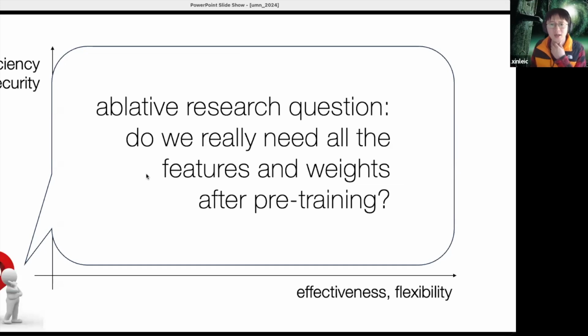So the question we have when we wear this ablative research goggle is, do we really need all the features and the weights after we have pre-trained those models? So that's the motivation when we look into this space. So we want to remove the features and weights and see what's the minimum amount of information the pre-training will provide for downstream tasks.